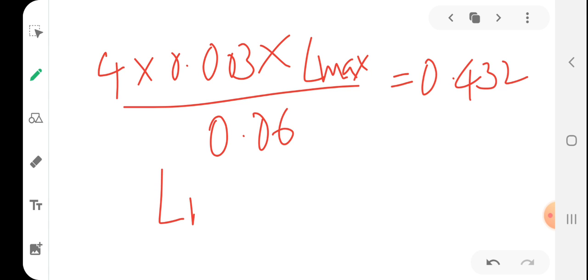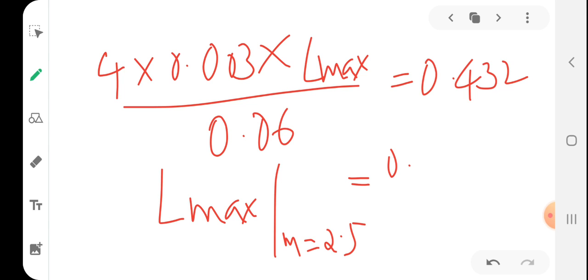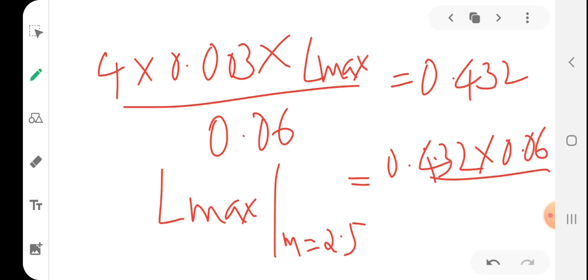So you will get L max corresponding to the inlet Mach number, Mach 2.5. If the inlet Mach number is 2.5, then L max will be 0.432 into 0.06 by 4 into 0.003, and that value will be around 2.16 meter.